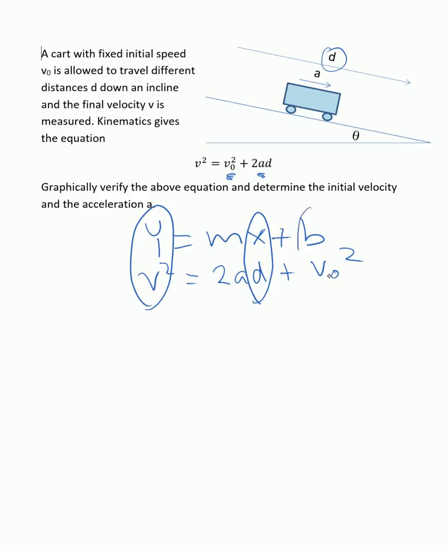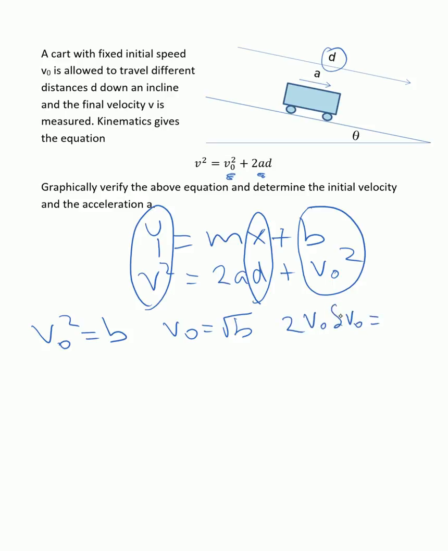So we're going to find that v0 squared is equal to the intercept, or v0 is equal to the square root of the intercept. And in terms of the uncertainties, and using uncertainty propagation, 2 v0 delta v0 equals delta b, or delta v0 is delta b over 2 v0.